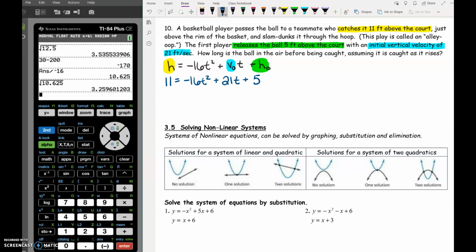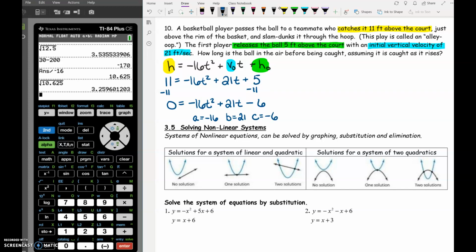And because this is a real world problem, I don't even care that the t squared is negative, that we can work around that. So we're going to subtract 11 on both sides to get 0 equals negative 16t squared plus 21t minus 6.